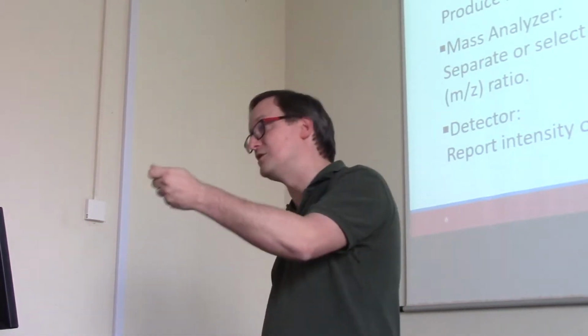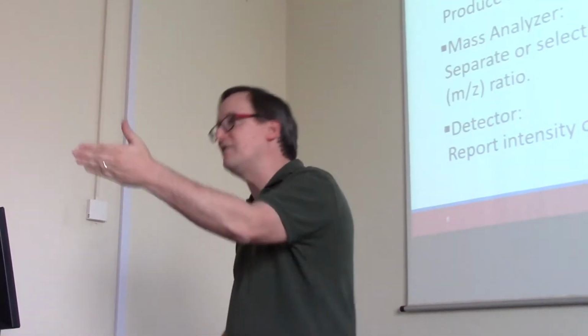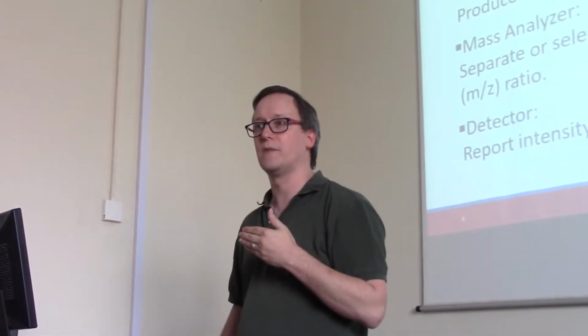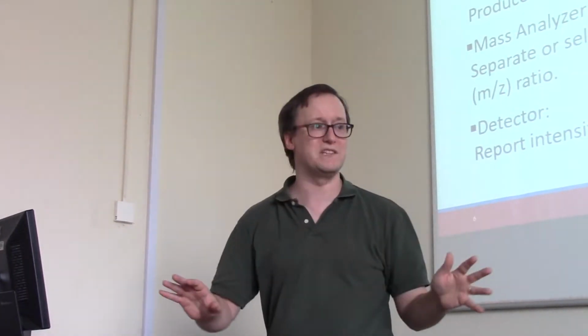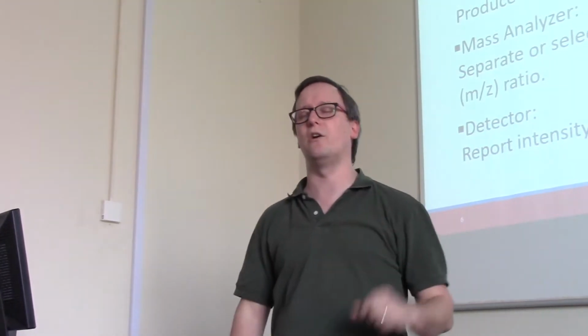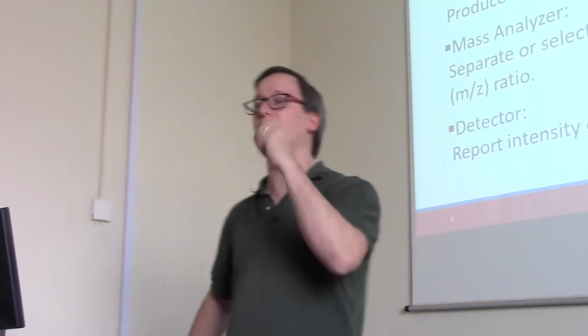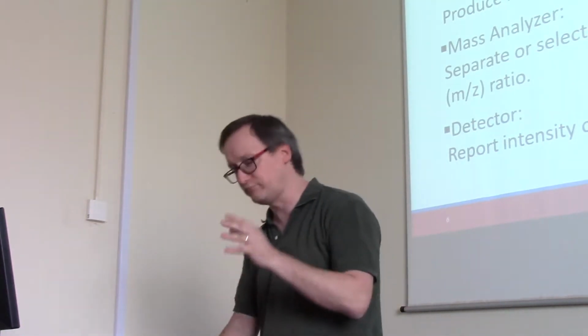So if you have 1,000 Daltons and it's doubly charged, it's going to be a 500 m over z ion. M over z, mass to charge ratio. That shows up all over the place in mass spectrometry, so indelibly bury in your mind right now, m over z is the property by which mass spectrometers manipulate ions.